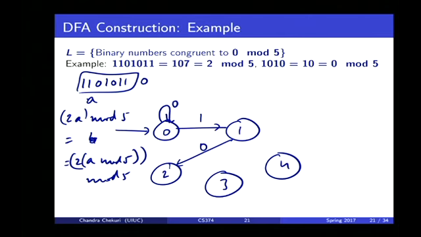But what if I see a 1? Now you see the idea, right? You can fill out everything else. It's a little bit more involved, but you have to figure out that it's enough to remember just the mod of all the string you have seen so far. That is just to recap DFAs.